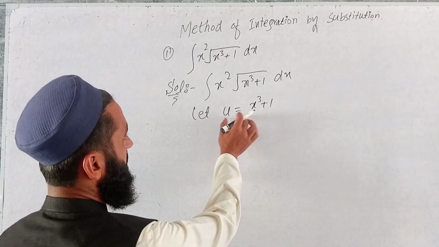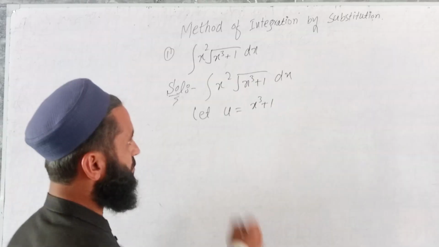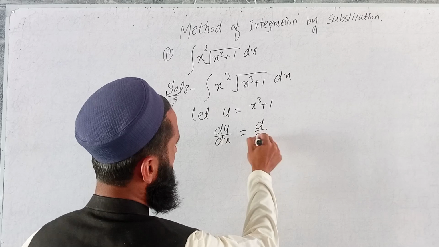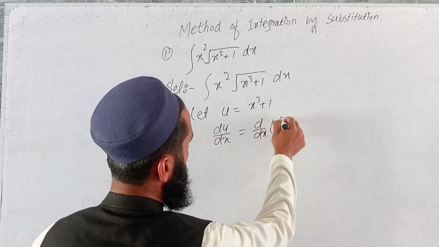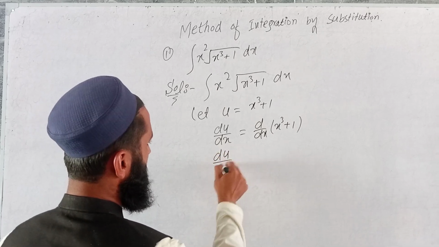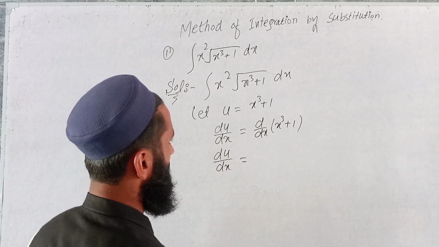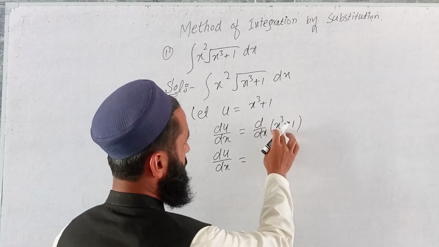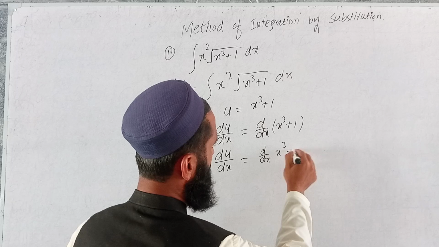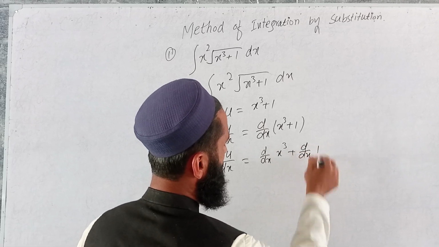Differentiate this function with respect to x to get du divided by dx equal to d by dx of x cube plus 1. So du divided by dx equal to, applying the derivative to each term, d by dx of x cube plus d by dx of 1.